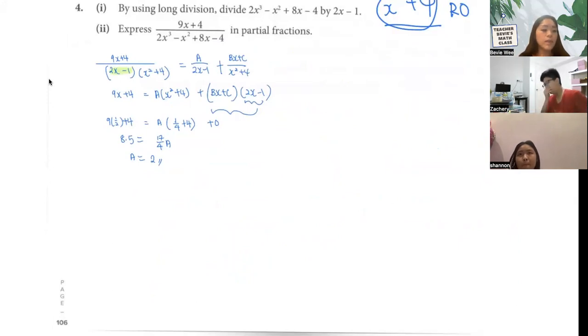Anyone give me the next value to sub in? Negative 2?